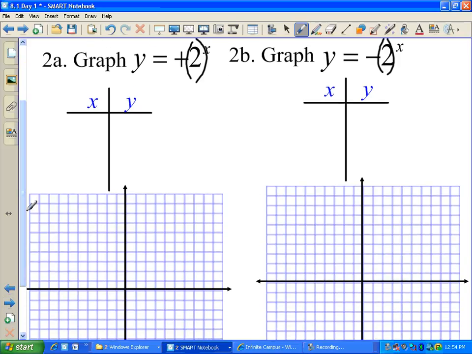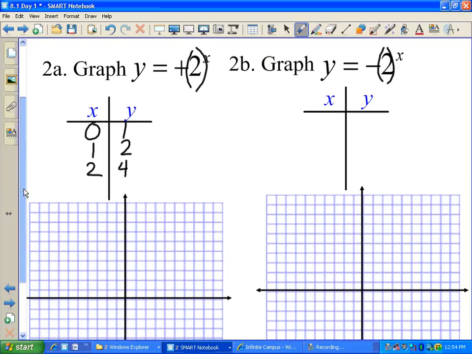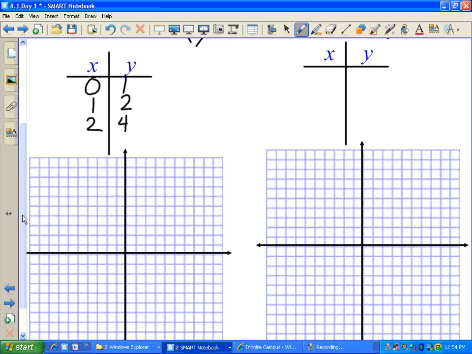So just like we did, I can start with 0, 1, and 2. And just like on the last graph, this is 1, 2, and 4. So I can immediately plot those points (0, 1), (1, 2), and (2, 4). My graph does the same thing.